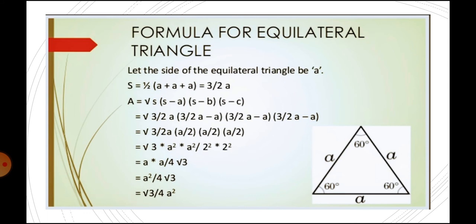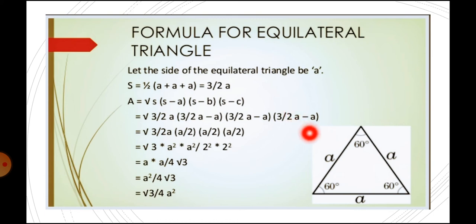Now, moving further, let us understand how the area of an equilateral triangle is formulated using Heron's formula. For recap, an equilateral triangle is a triangle whose sides are all the same measure. Now in this figure, we can see that this is an equilateral triangle, since the measure of each side is a.